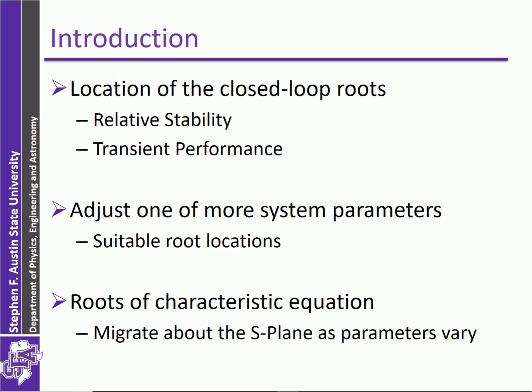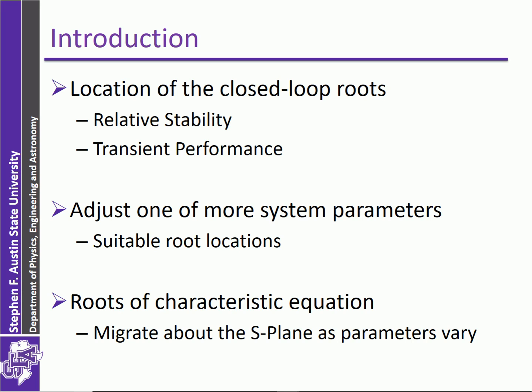Basically, so far we have seen that the location of the roots of the closed loop system defines if the system is stable or not. So we want to know if the system is stable and what type of transient performance we're going to have. What we're going to talk about is adjusting one or more of the parameters of our system in order to place our roots in a suitable place.